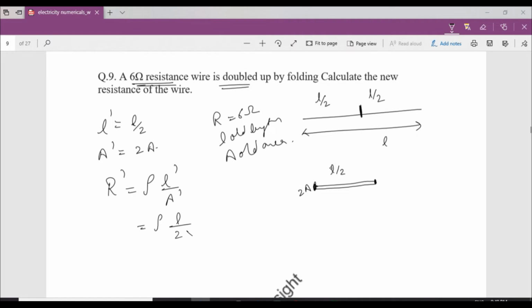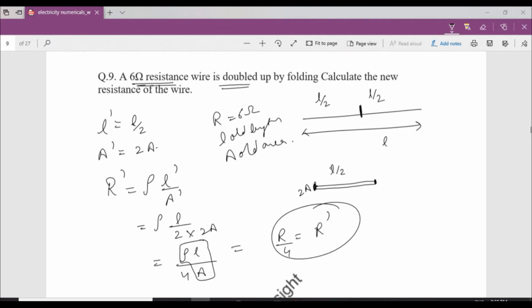And what about A dash? It is 2A. So it will be rho L upon 4A. So rho L upon A gives out to be old resistance, so it is R by 4. It is equal to R dash. Now R dash comes out to be, R is 6, 6 by 4, 2 3s are 6. It comes out to be 1.5 ohms. This is your new resistance. Okay. So now proceeding to the next question.